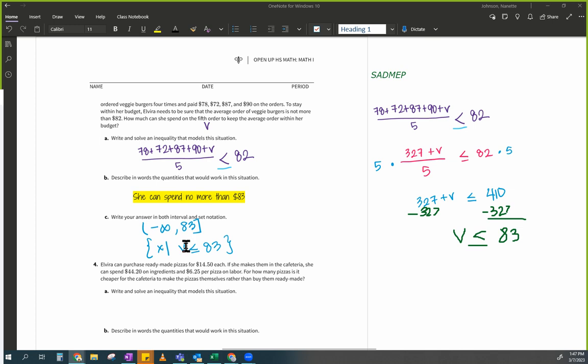Credit in the real world is like a credit card, but that's not what I'm talking about here. So maybe she has a credit with this company that she's purchasing from.